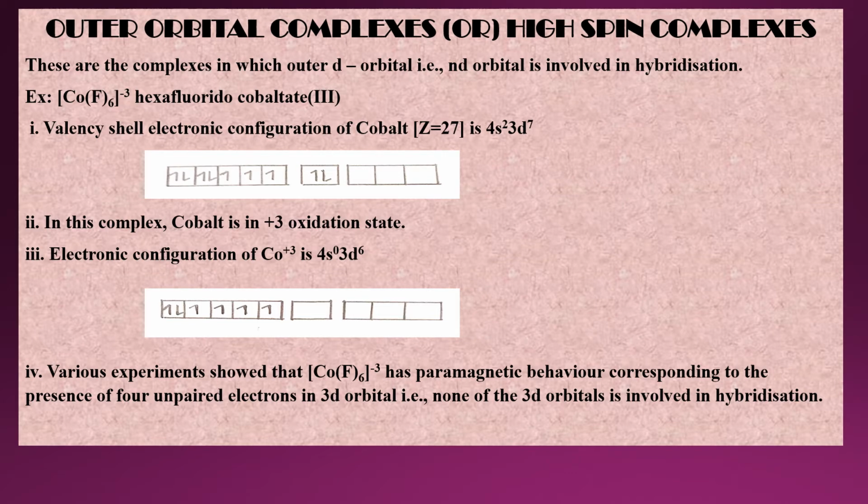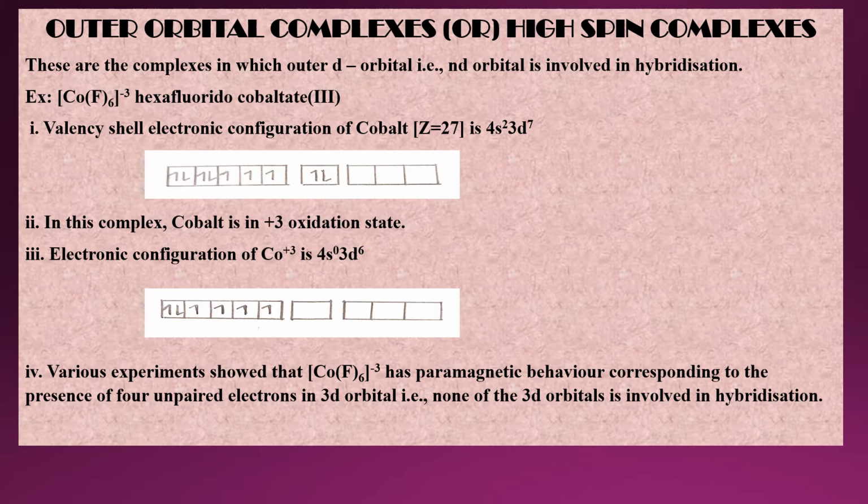What is the meaning of that? The complex has paramagnetic nature, corresponding to the presence of 4 unpaired electrons in 3d orbitals. That means none of the 3d orbitals is involved in hybridization.